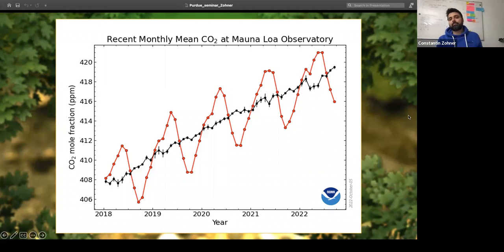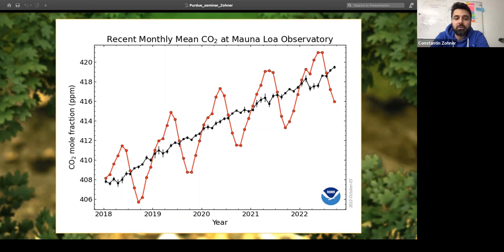Obviously, unfortunately, due to humans, we have drastic amounts of carbon emissions every year. So on average, CO2 concentrations are going up every year, and we need to do everything to stop that. But what is also shown by this red line is that we have these drastic variations within a year.